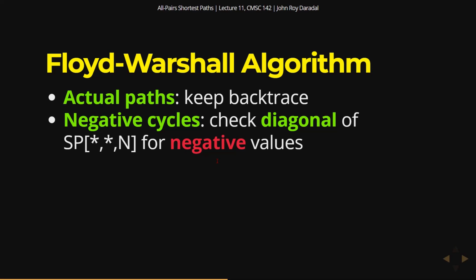Otherwise, it remains 0, because it should remain 0 if it's the shortest path, right? Because from A to A, or B to B, or C to C, you're already in the node itself, right? So the shortest path should be 0. So if there are negative values along the diagonal, then there's a negative cycle.